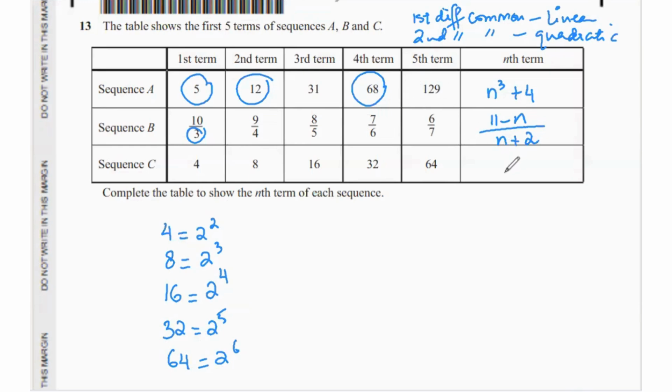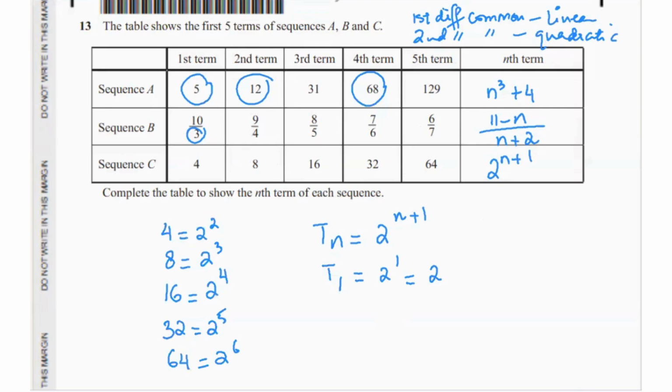So that means we can assume that it's 2 to the power of n. Now 2 to the power of n, if we start with the first term, that would give us 2, not 4. Hence, it needs to be n plus 1. Because 1 plus 1 is 2, so 2 to the power of 2 would be 4. If you put n equals 2, 2 plus 1 is 3, and 2 to the power of 3 would give us 8. So 2 to the power of n plus 1 is our nth term for sequence C.